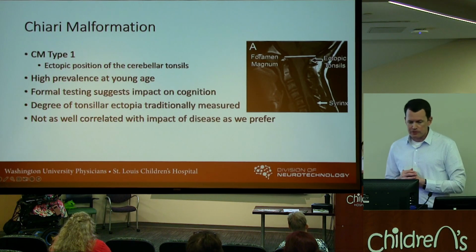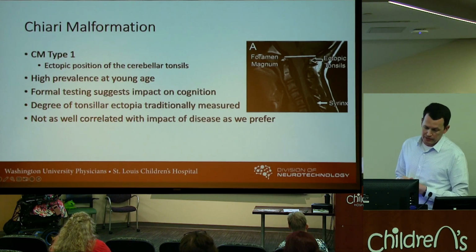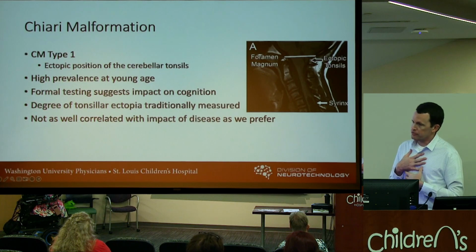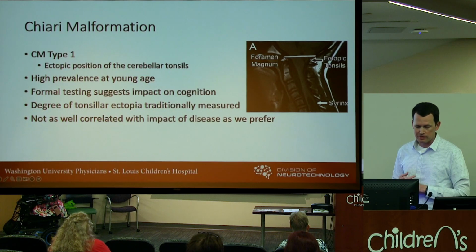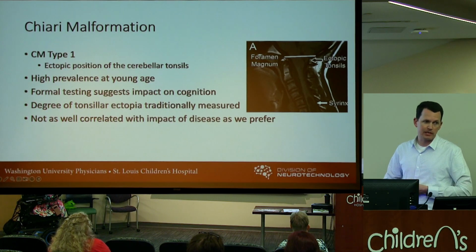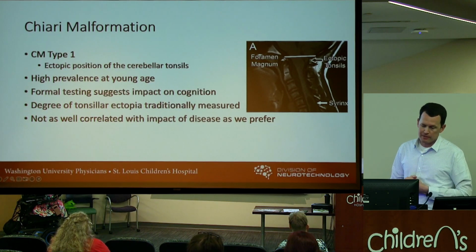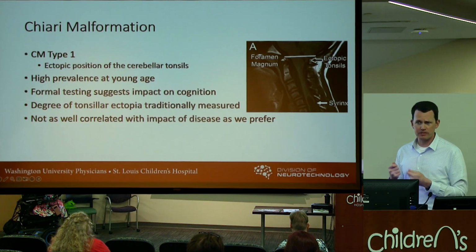But there's a couple features about this condition in general that we like to think about. I'm a pediatric neurosurgeon, so I focus on pediatric patients, and one of the reasons why Chiari malformation is so important to us, to other pediatric neurosurgeons like myself, is that it has a high prevalence at young age. As Hans Chiari described, it might be because this is a congenital condition. There does seem to be times where it's not necessarily congenital.